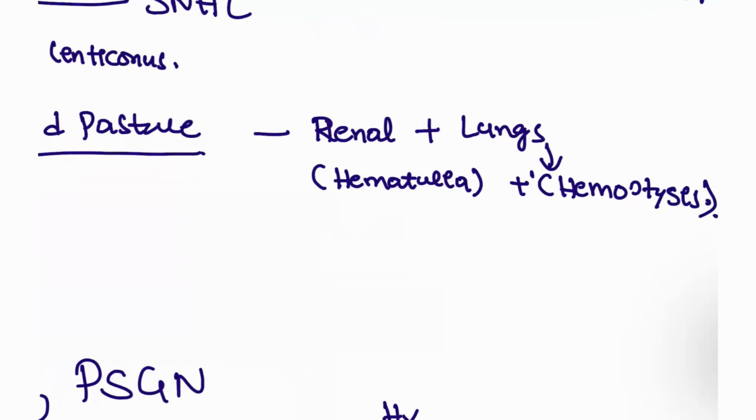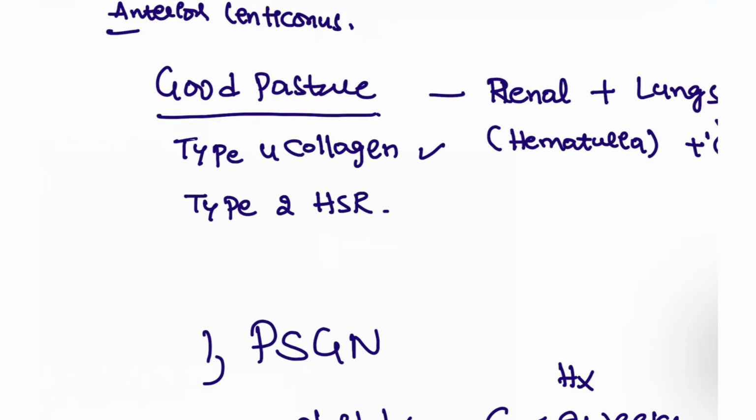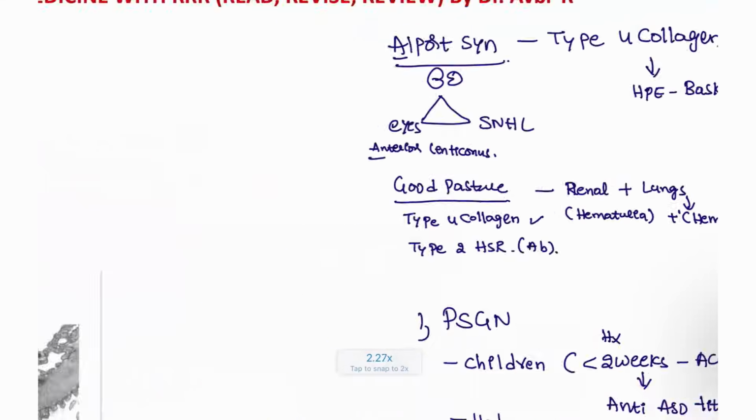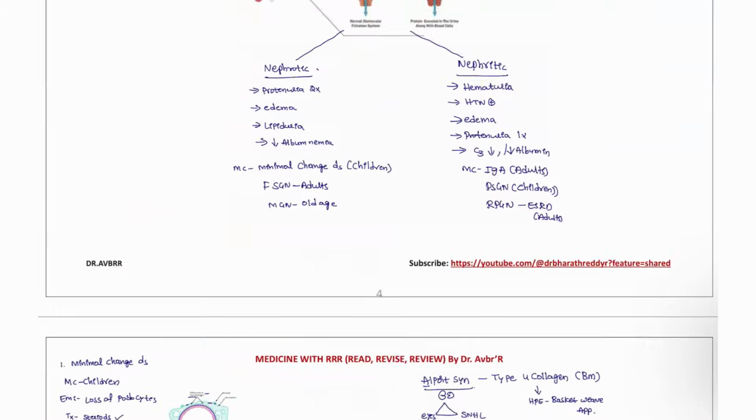Both will be seen, and this is a type 4 collagen defect along with a type 2 hypersensitivity reaction, because antibodies are affecting both the kidneys and the lungs. These are the important points that you have to take note of for the renal conditions.